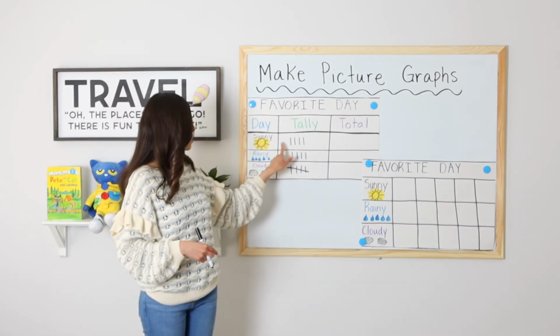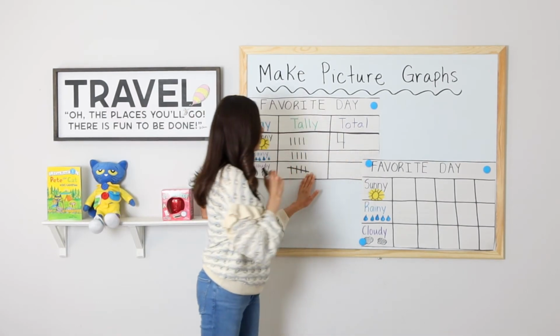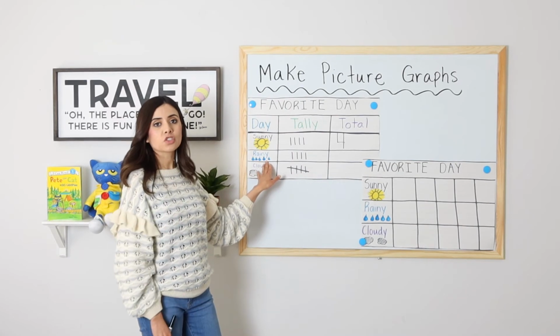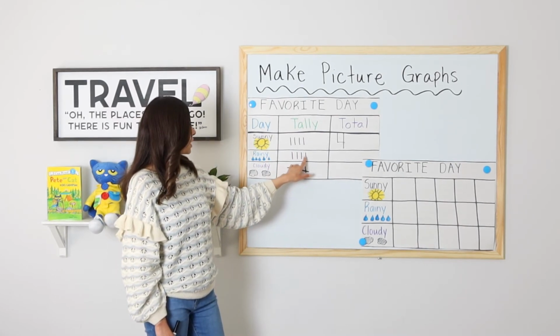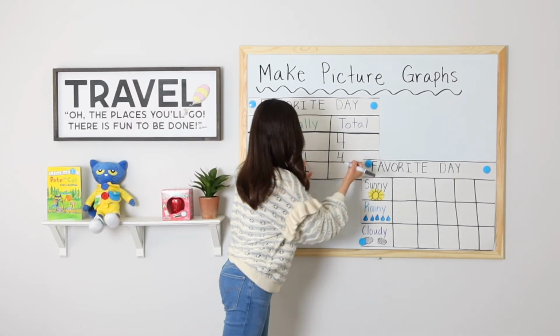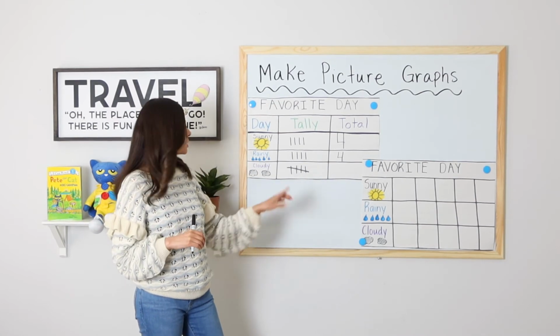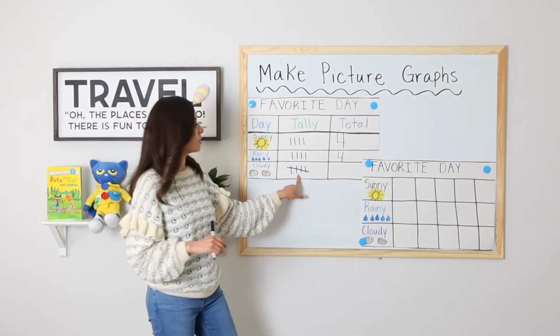Ready? 1, 2, 3, 4. Very good. How many students chose rainy as their favorite kind of day? 1, 2, 3, 4. 4 as well. And how many students chose cloudy as their favorite kind of day? 5.